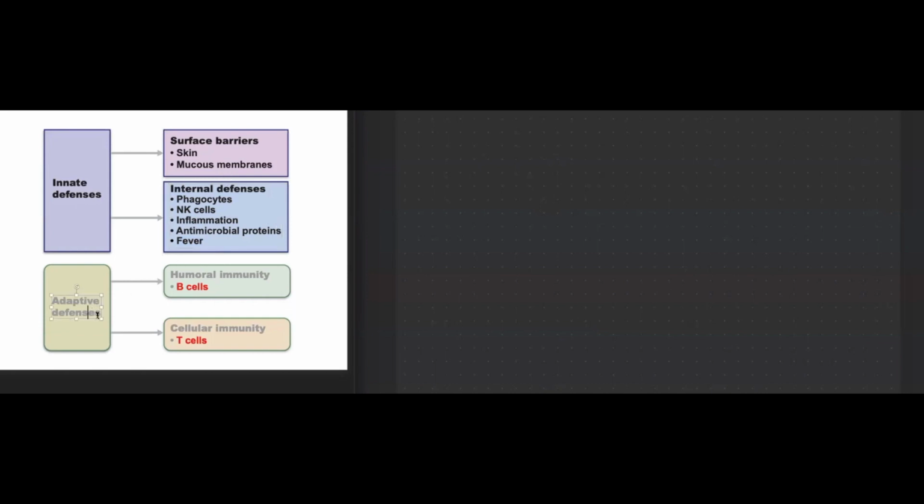Adaptive immune responses, I usually describe as a bird that has two wings. A bird with two wings can fly, but if it has a defect in one of them, this bird cannot fly.